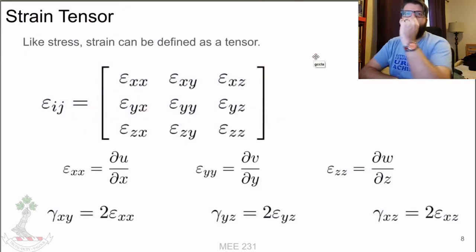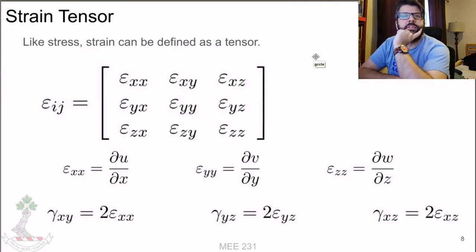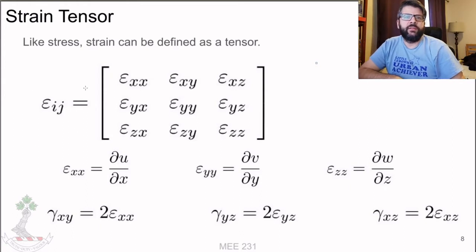So yeah, as we can see here, stress, like strain, we can define it as a tensor. So essentially, we can have our strain defined in terms of the values we talked about, and the directions they're acting in.